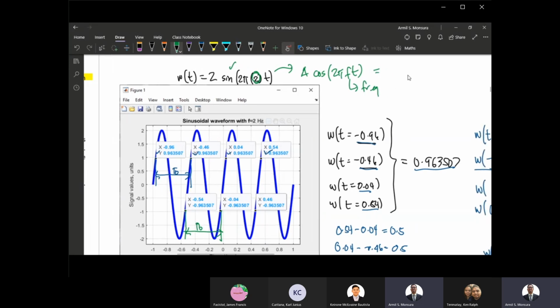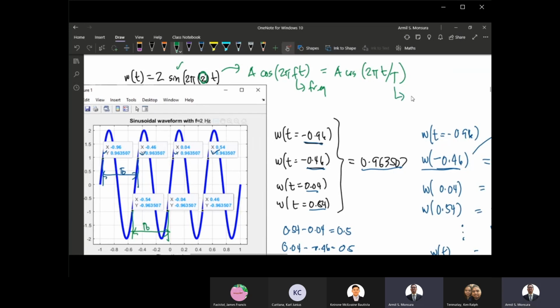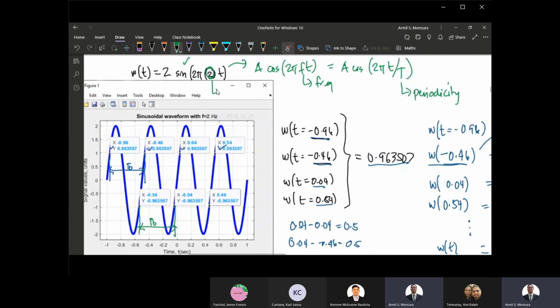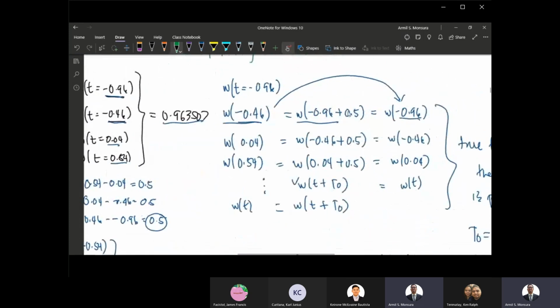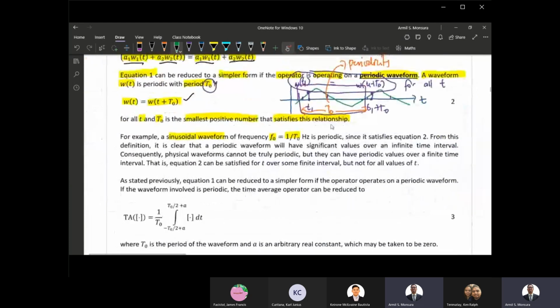O kaya, minsan, sinusulat natin ito as A cosine of 2 pi times T over T, where T here now is the periodicity of your waveform. Yung 2 na to, nakuha natin yan as the periodicity here. Which is consistent dun sa definition ng number 2.